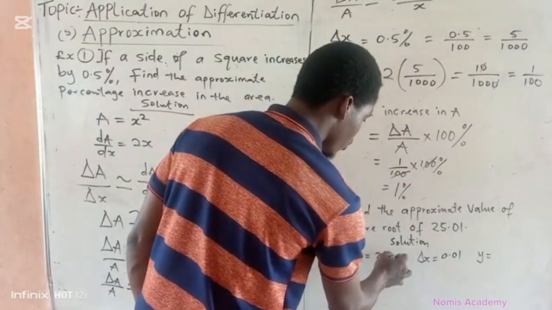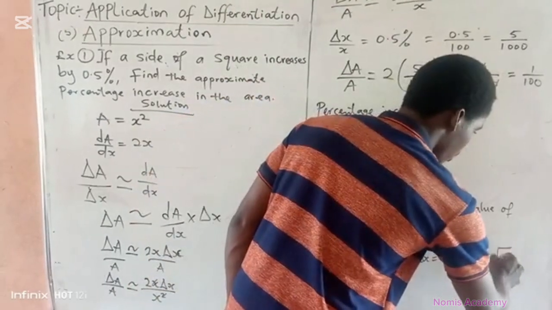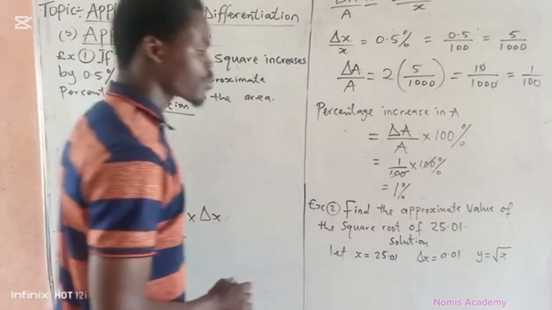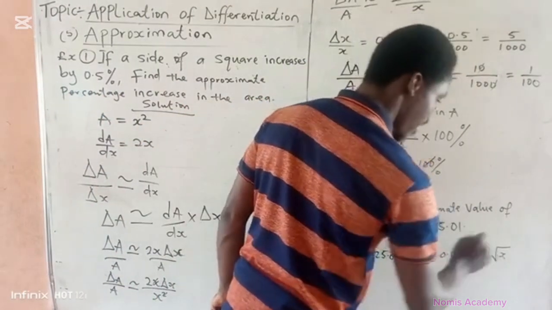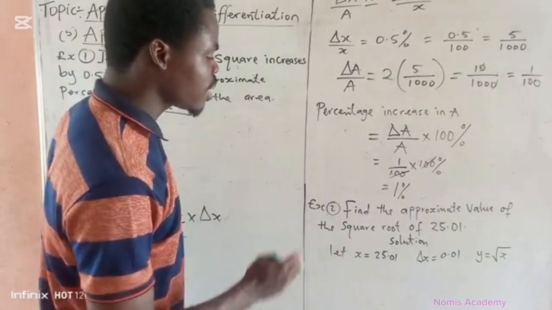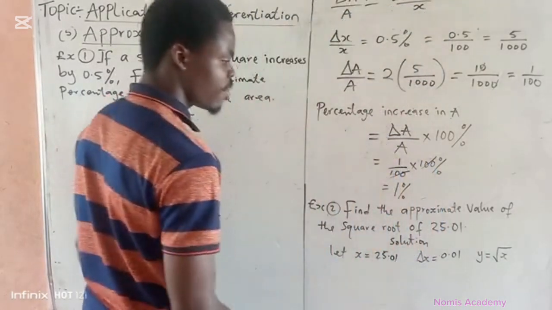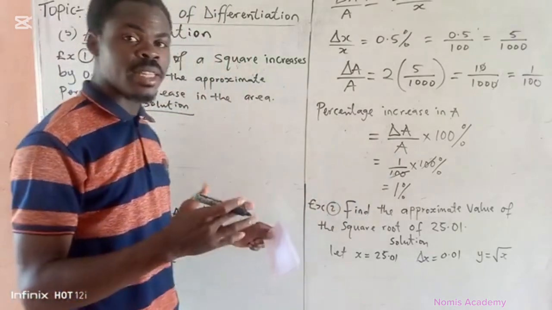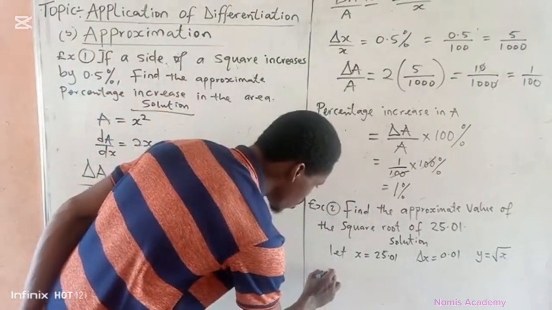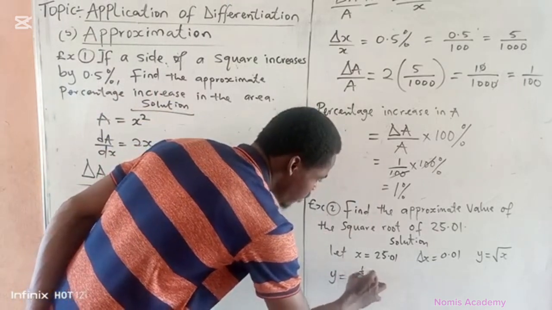Since we have y, which is the square root of x, we can now differentiate y with respect to x. First and foremost, write the square root of x in index form, so that would be y equal to x raised to the power of half.